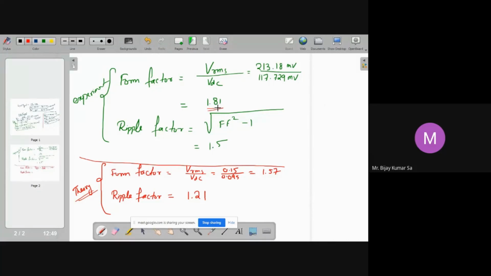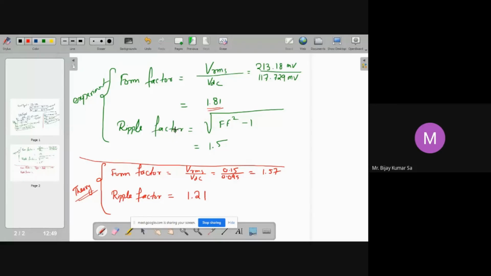Then only we can say that the other rectifier is better. The other rectifier which we are going to design is the full wave rectifier. So definitely we are hopeful that we get a full wave rectifier whose form factor is more close to the value 1.